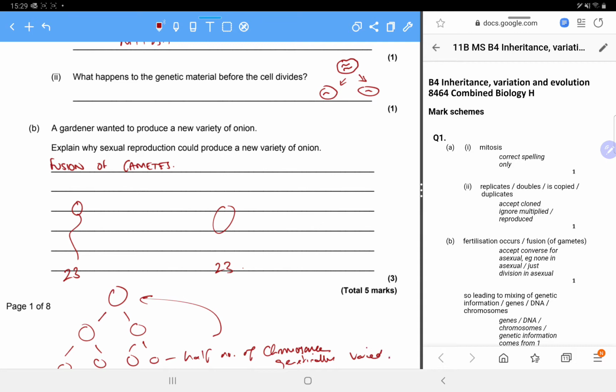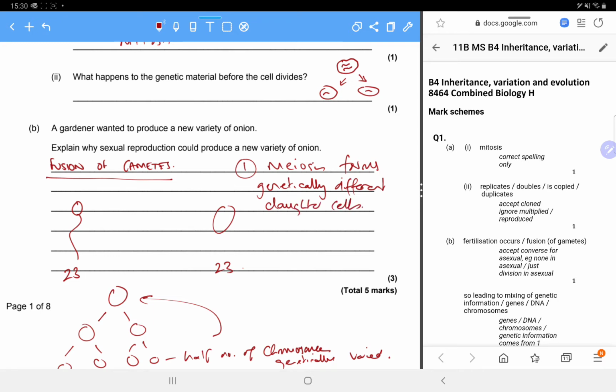So we're talking about the fusion of gametes here to get variation. So one, meiosis forms genetically different daughter cells.